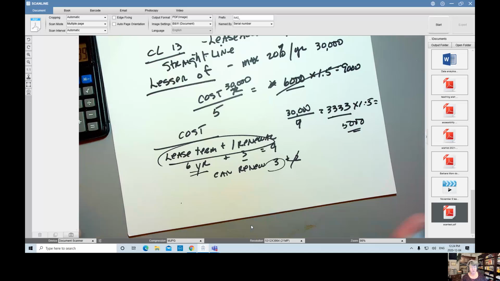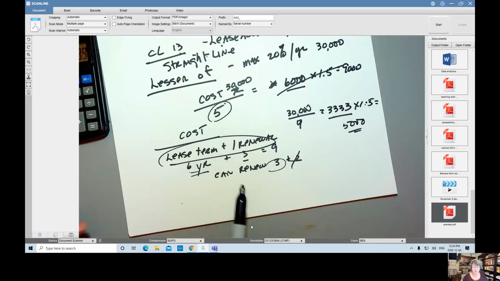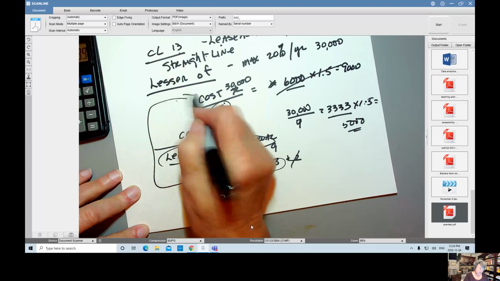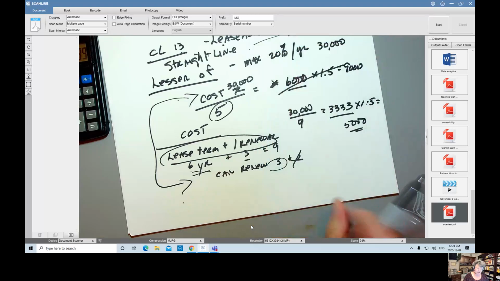Now, I want you to understand, for my purposes, sometimes this is obvious. If I know 6 plus 3 is 9, why would I bother doing that? And that's fine. Except for my purposes, for exams, you have to show me both. If I ask you to do CCA that involves leasehold improvements, you have to show me both. Part of that is to protect you.